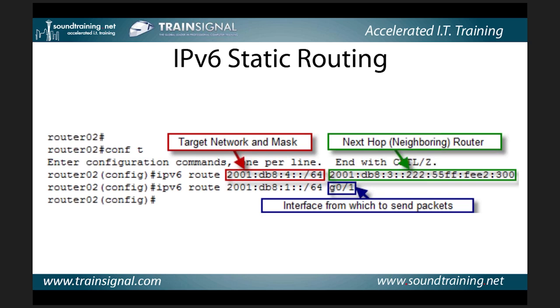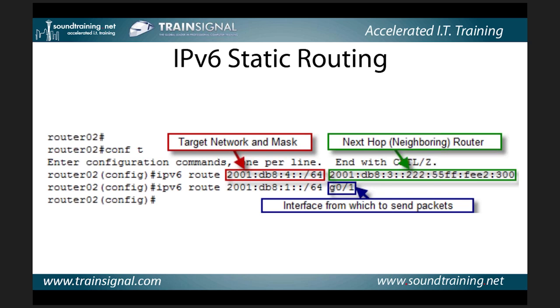So I indicate the target network and the mask, just the same as I would do with IPv4. So I type IPv6 route, then the target network and mask, in this case 2001:DB8:4::/64.